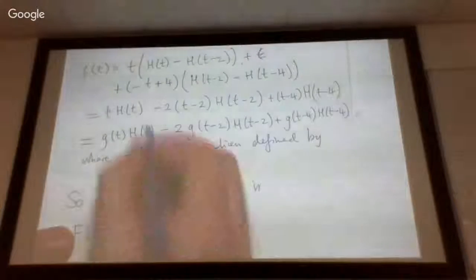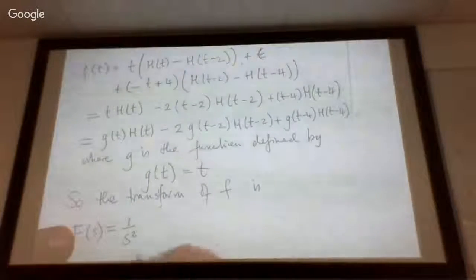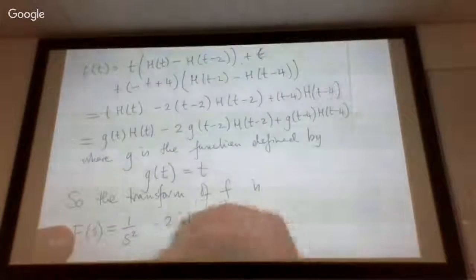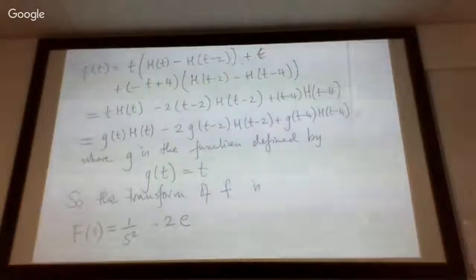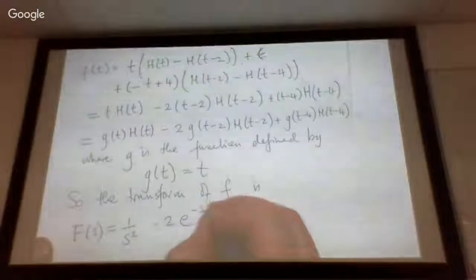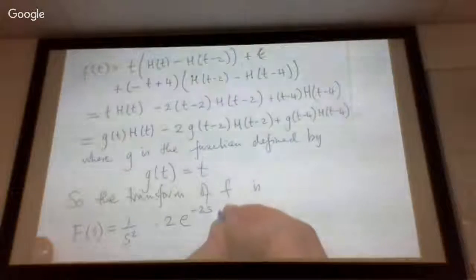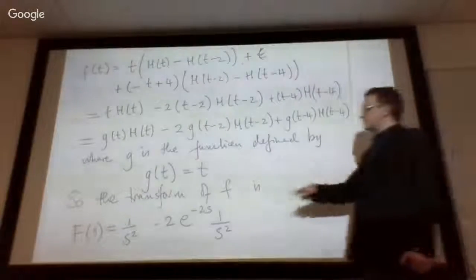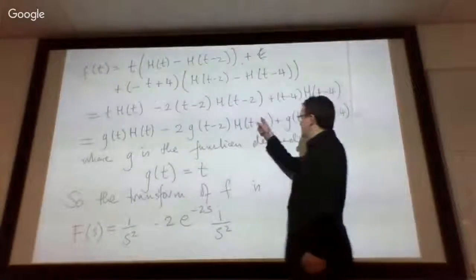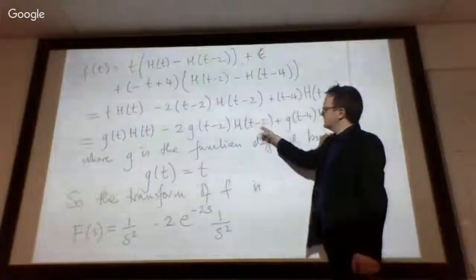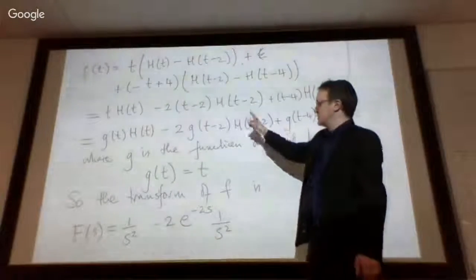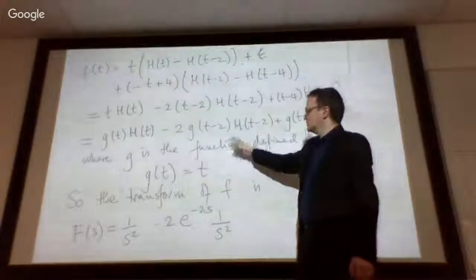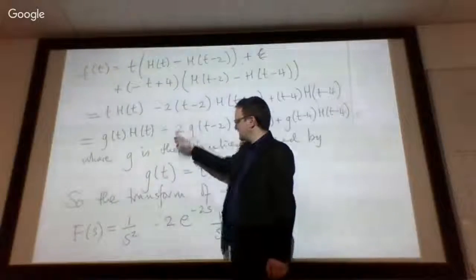So the transform of this first term is 1 over s squared. Then we've minus 2 times, and now we have the exponential e to the minus 2s times 1 over s squared again. So this minus 2 here is the same as this minus 2. Okay, when you look at the formula on the table, this constant 2 out the front is still there.